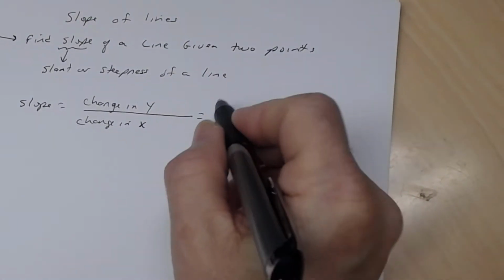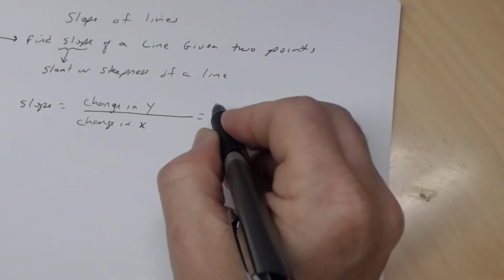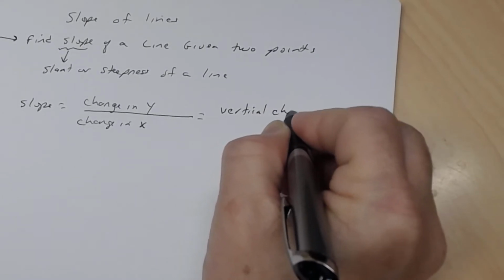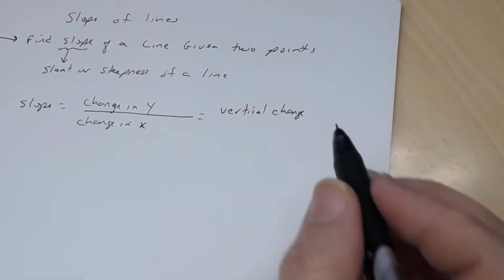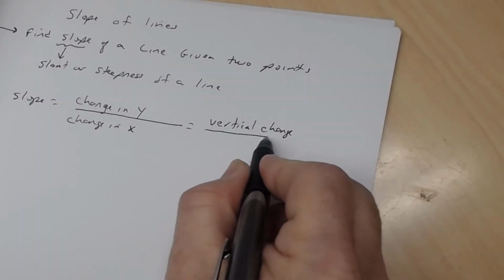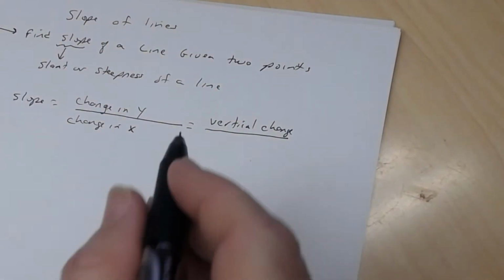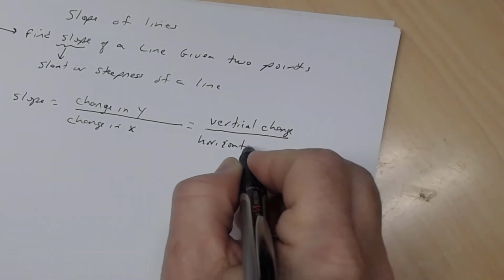So another way we can say the change in y is the vertical change, because remember the y-axis is vertical. And I want you to notice this: vertical change over the x-axis, which is horizontal, the horizontal change.